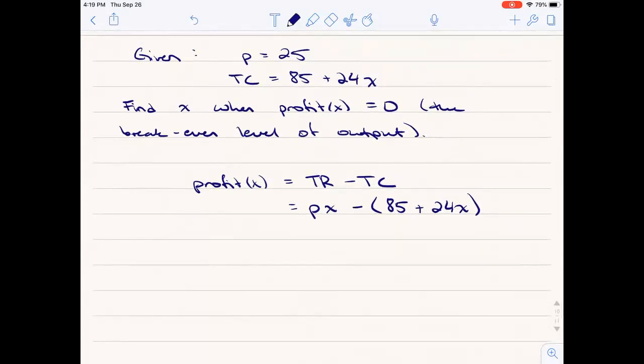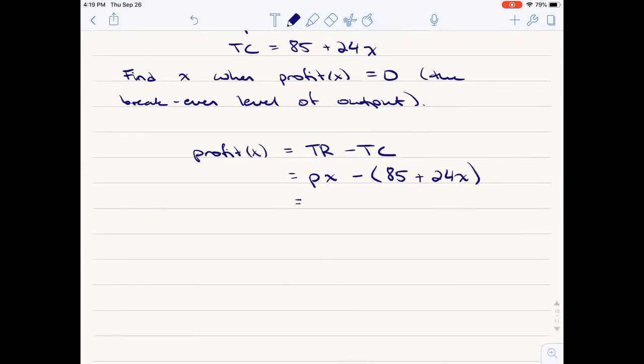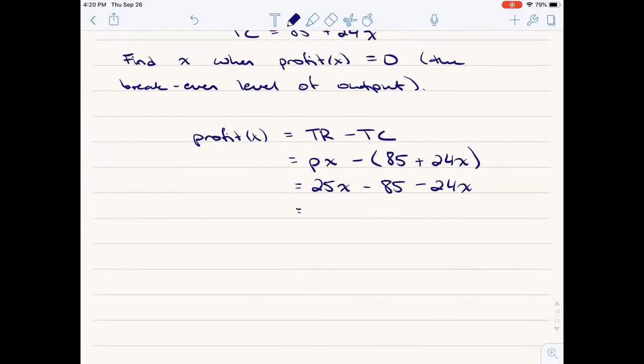P is 25. Right? So I'm going to plug that in. So 25x. And then I'm going to expand this bracket here, minus 85 minus 24x. I can just simplify this. So 25x minus 24x is just x, and then minus 85.